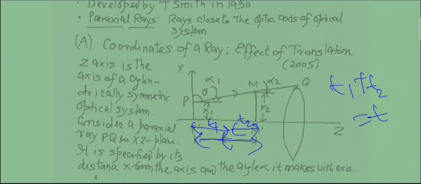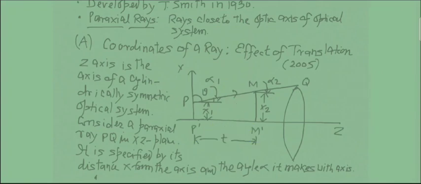So in that particular case, what will happen? One more line will come over here, okay. So suppose this is your T1 and this is your T2, and suppose this is your point. So you have drawn it like this, and suppose you have drawn it like this.